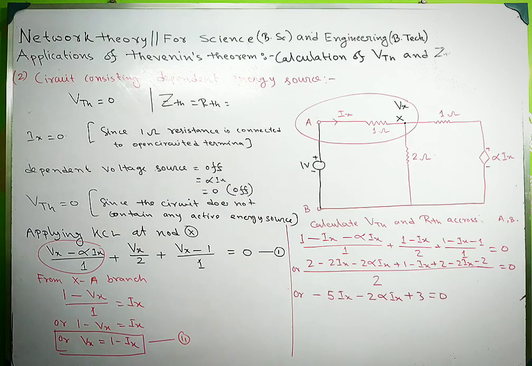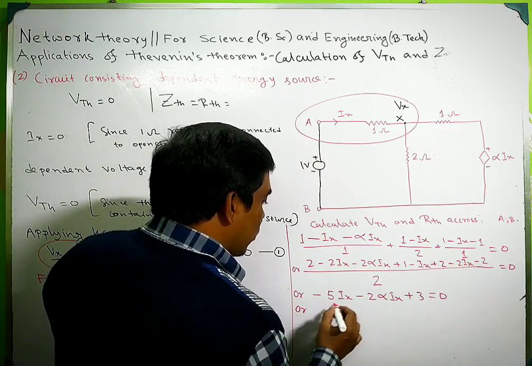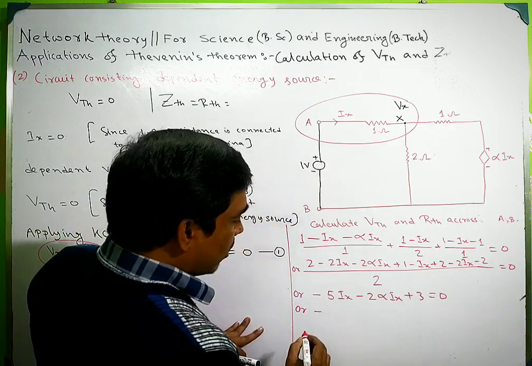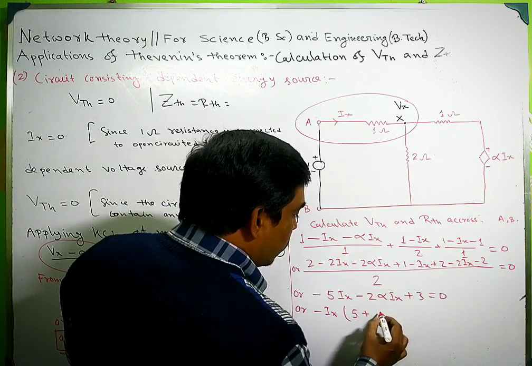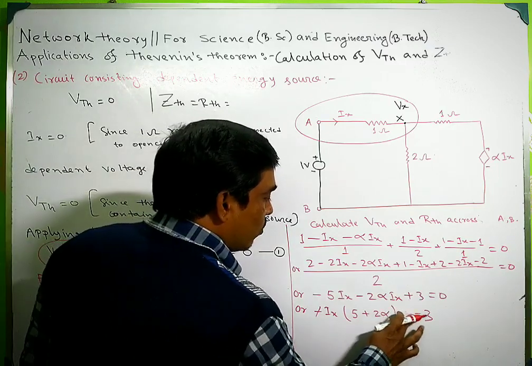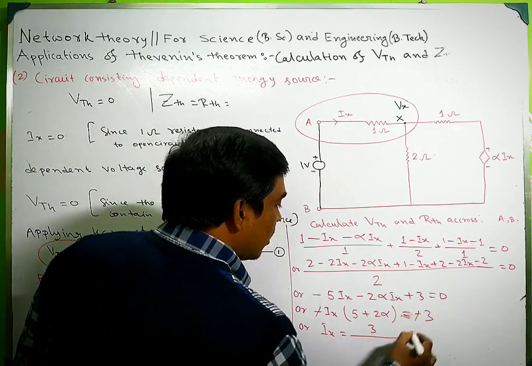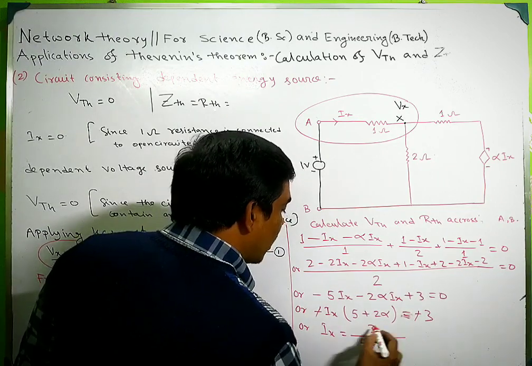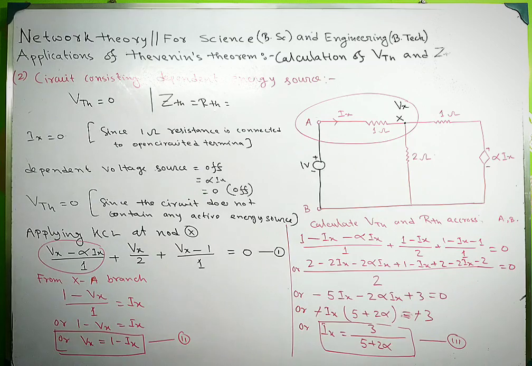So minus 5Ix minus 2 alpha Ix equals minus 3. Taking Ix common, Ix times (5 plus 2 alpha) equals 3, the minus signs cancel, so Ix equals 3 divided by (5 plus 2 alpha). This is equation number 3.